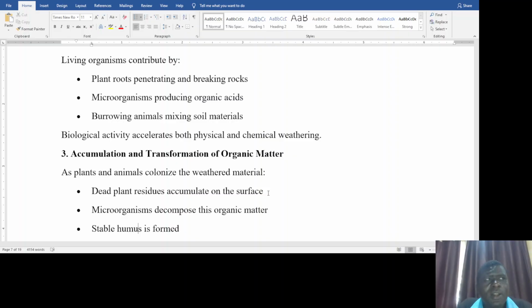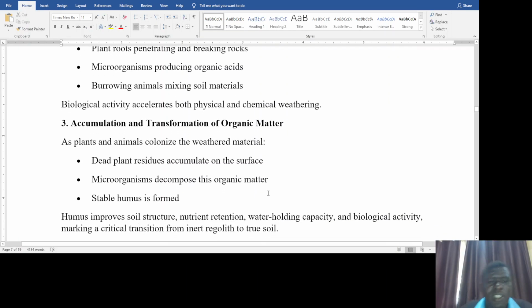This process conclusively leads to formation of stable humus, and the humus, as it were, is very, very important in the improvement of soil structure, nutrient retention, and it also improves the water holding capacity, besides enhancing the microbiological activity, which leads to further formation of humus.